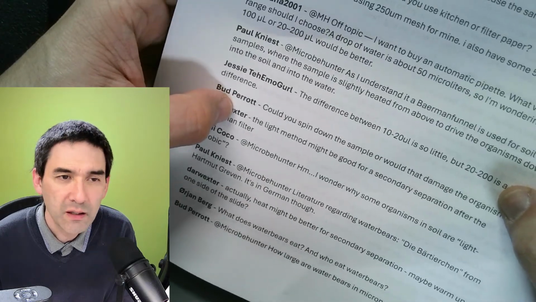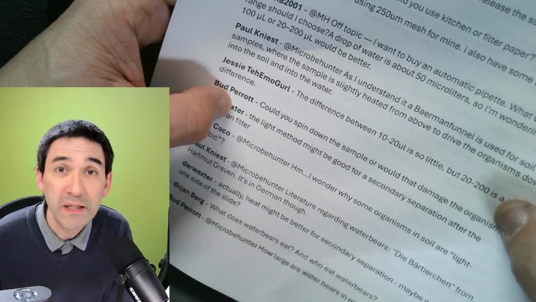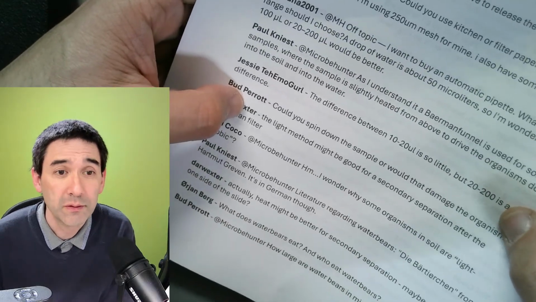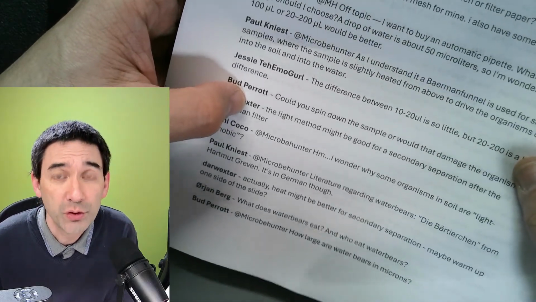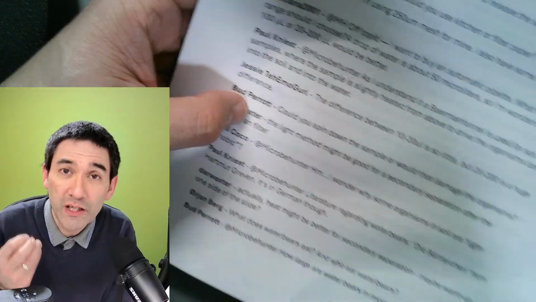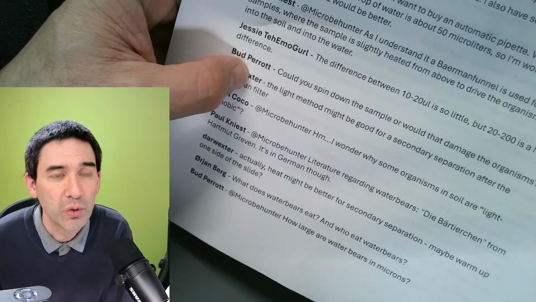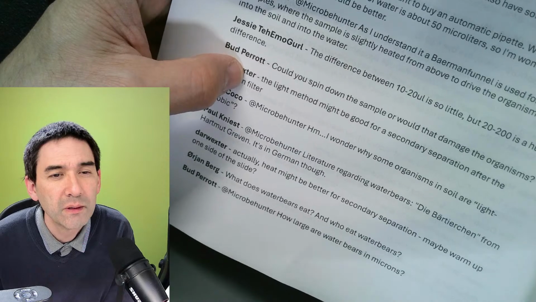Honestly, it's no problem if you spin down the sample at low speed. I've always done that. Using a centrifuge, yeah. But many of the organisms are fairly large anyway and denser than water, so they sink down anyway. If you're just patient, then it also works.